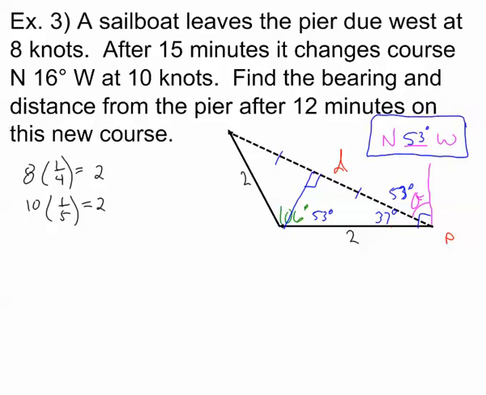And now I need to find the distance. Well, in this right triangle, I know that this side length is 2. That's my hypotenuse. And I'm looking for this edge here to this midpoint. I can find using my cosine function.